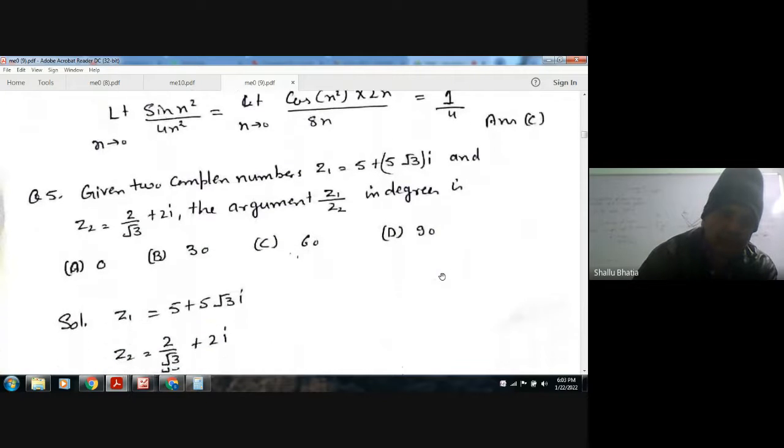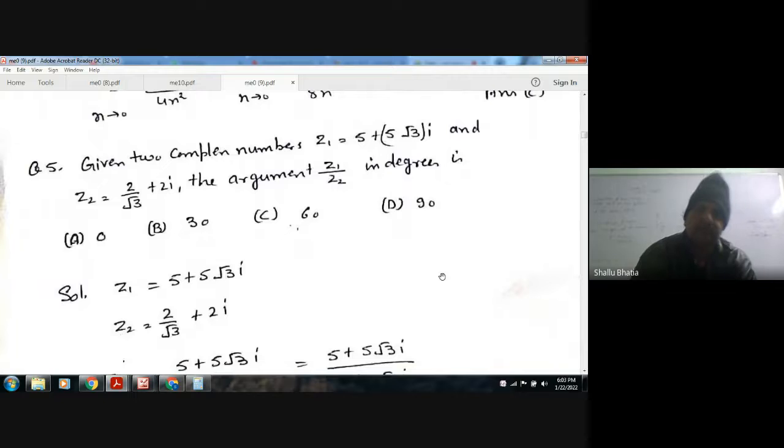Given two complex numbers z1 = 5 + 5√3i and z2 = 2√3 + 2i, the argument of z1 by z2 in degrees is: option A 0, option B 30, option C 60, option D 90.